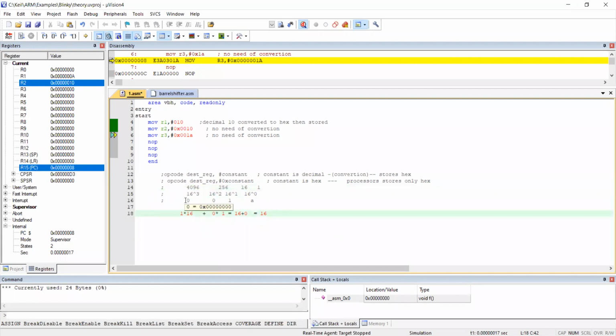So what is the information you are trying to load onto R3? 001A, yes or no? 0 into 4096 plus 0 into 256 plus, what is next? 1 into 16. Let me elaborate so you will not get any confusion. Okay.